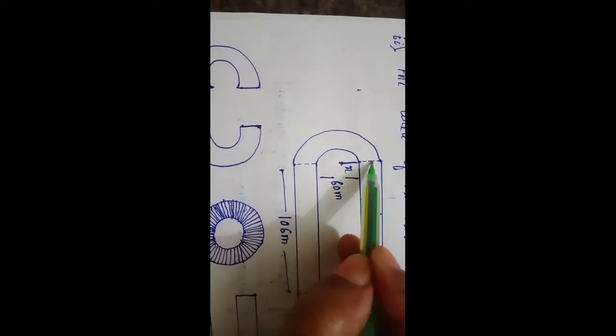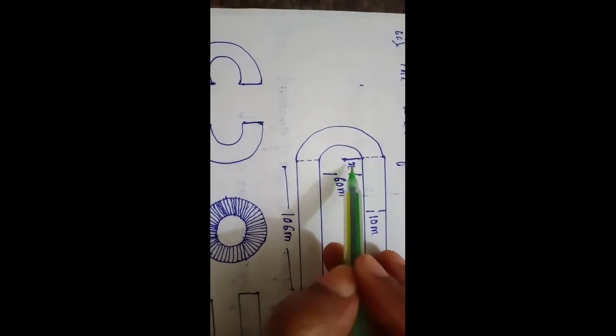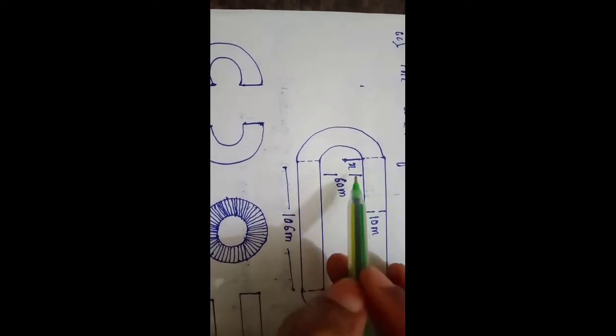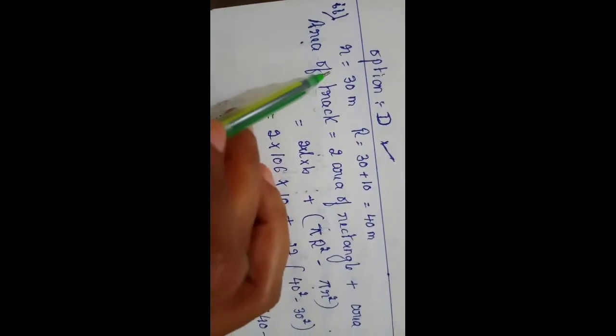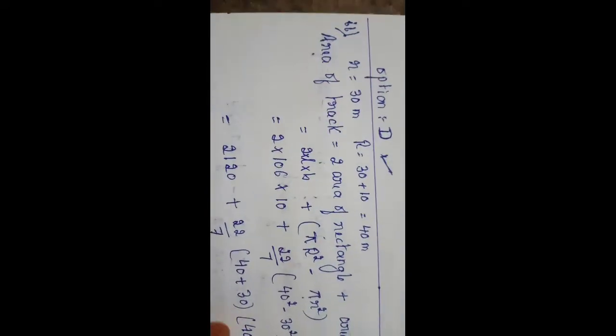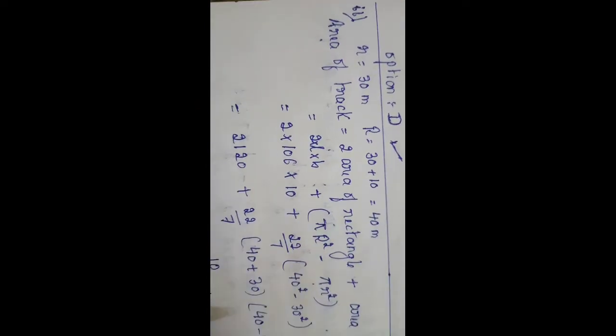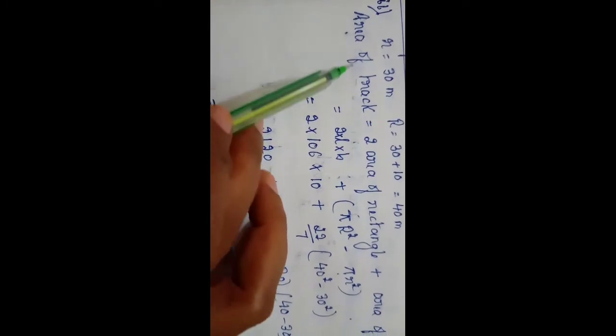For the inner circle radius 30, plus width 10, when you add 30 plus 10, that is 40, will become the radius of the outer circle. So you can see here radius of inner circle is 30 meter, take it as small r, and the radius of outer circle is 30 plus 10, 40 meter. So now we have to find area of track.